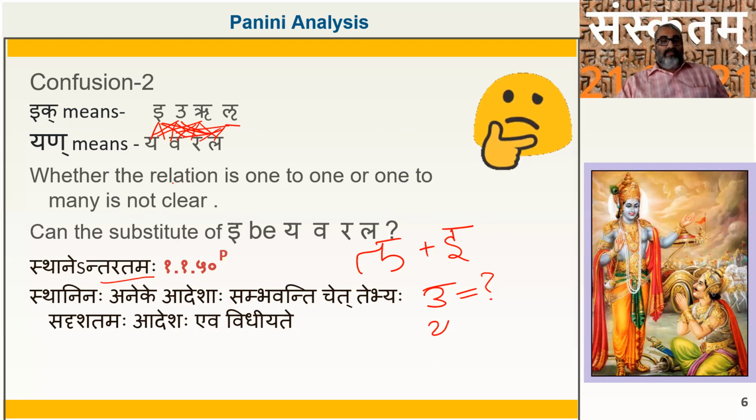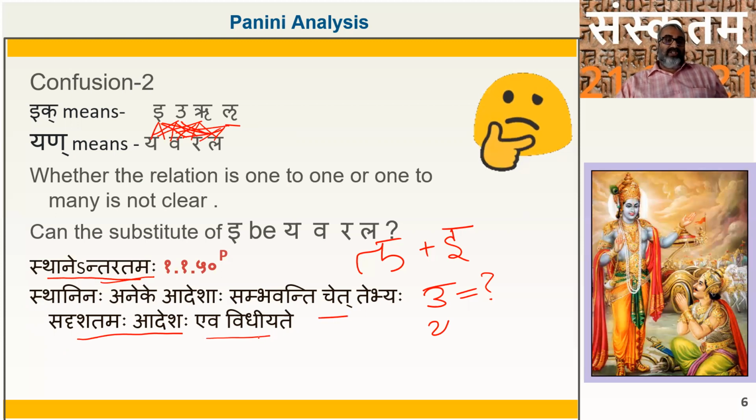But Panini solves it through his Paribhasha Sutram, Sthane Antaratamaha: if a sthani has many possible replacements, then the replacement most similar to it is chosen. Sthaninaha Aneka Adeshaha Sambhavanti Chet Tebhya Sadrishatamaha Adeshaha Eva Vidiyate.